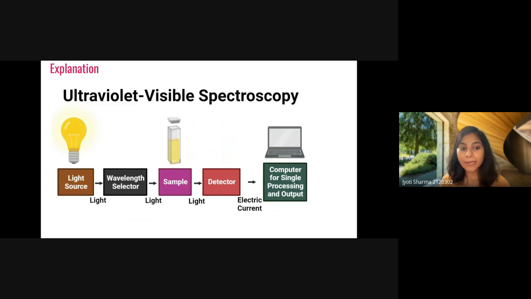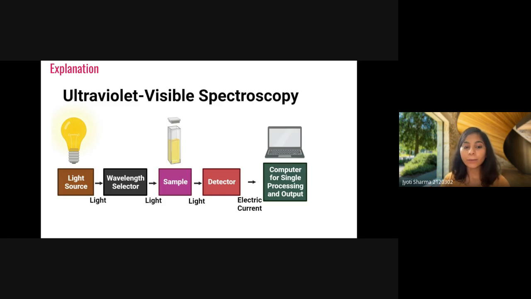And this is the principle of spectroscopy. We will have some light source, and then we will select the wavelength of light we need. So if we need ultraviolet and visible spectroscopy, then the wavelength that defines the ultraviolet and the visible, meaning 200 nanometer to 600 nanometer, we will select that range of the light only.